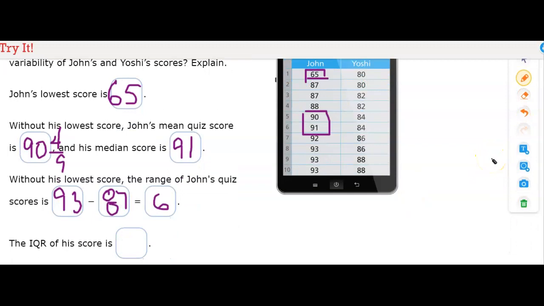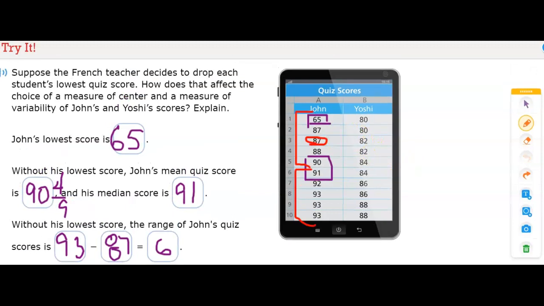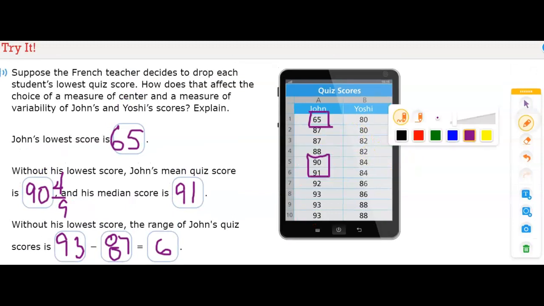So his IQR of his scores, we are going to find the median of the upper and lower quartile. So now, instead of having 10 grades, he has 9 grades. So now his median actually changes, right?